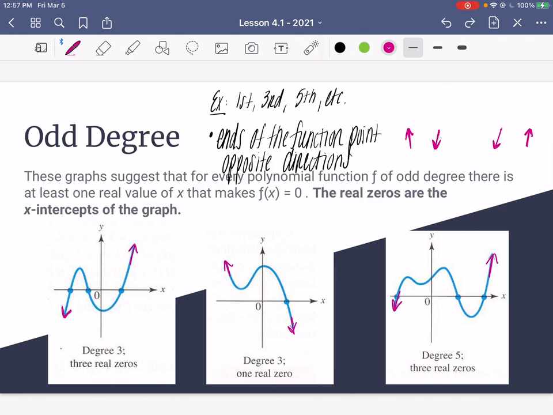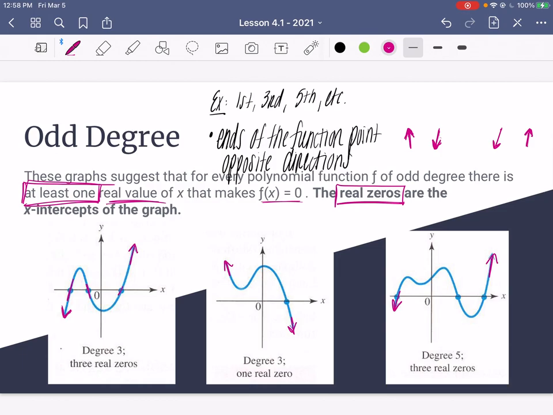Now, because of that fact, the other thing that you can note about odd degree polynomials is they're always going to have at least one x-intercept, so at least one real value of x that makes the function 0, or at least one real zero. Because if the ends are going to point in opposite directions and it's going to go to positive and negative infinity eventually, then it's going to have to cross the x-axis.